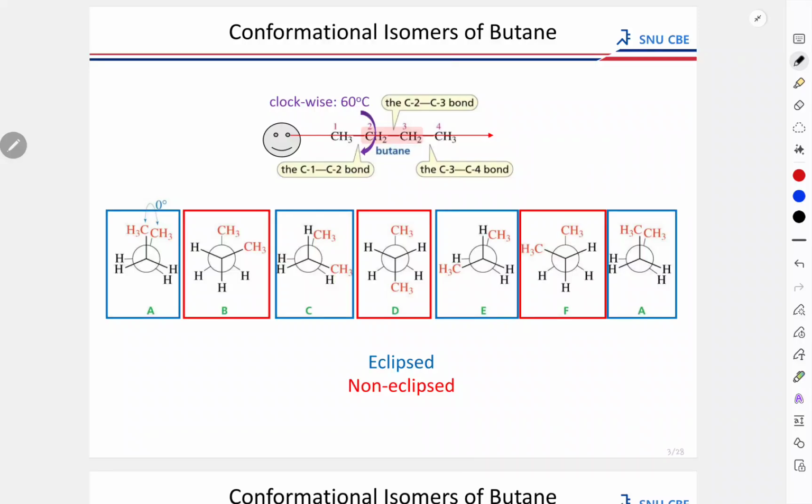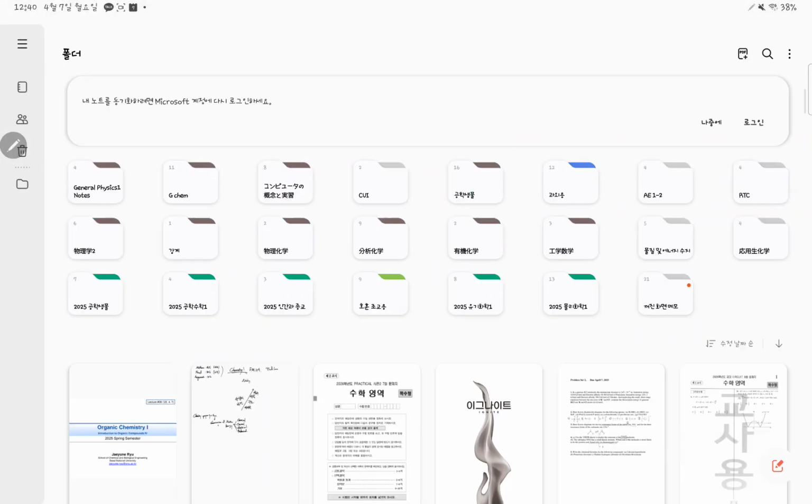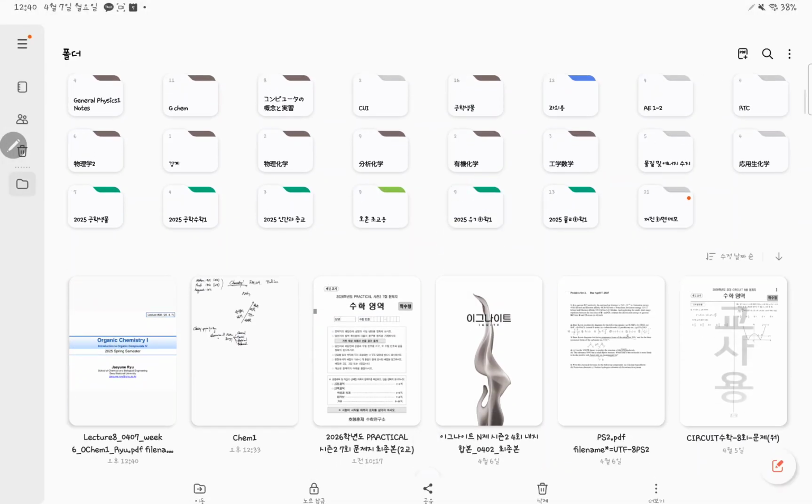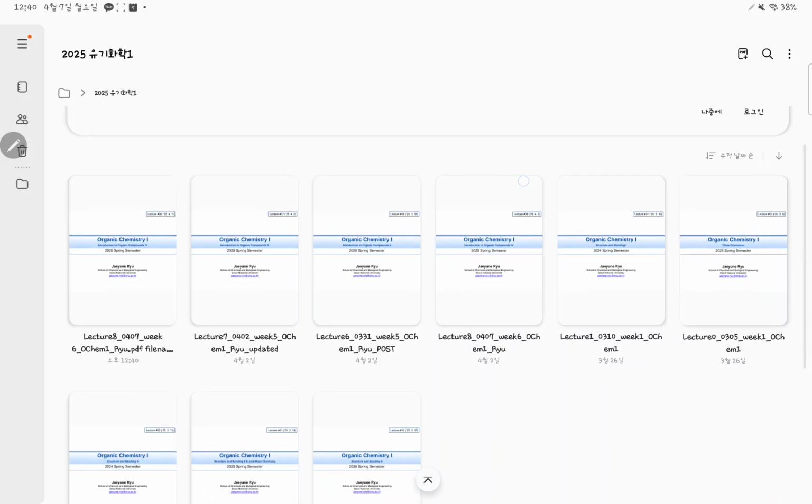From 0 degrees, you can assume we start with this conformational state, where all hydrogens are eclipsed.